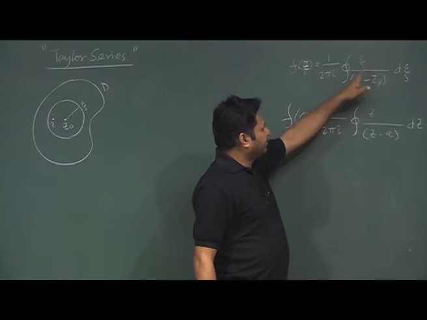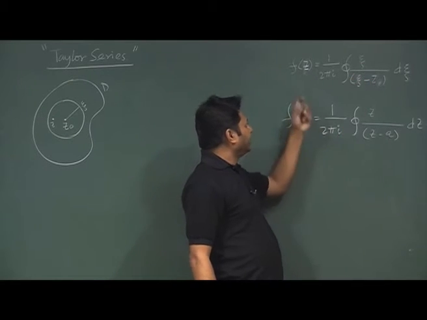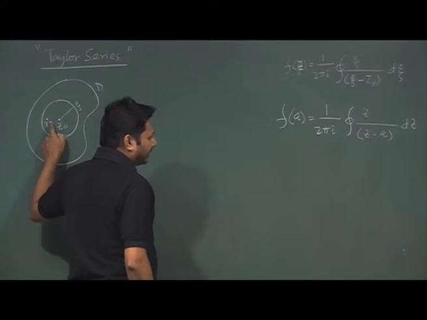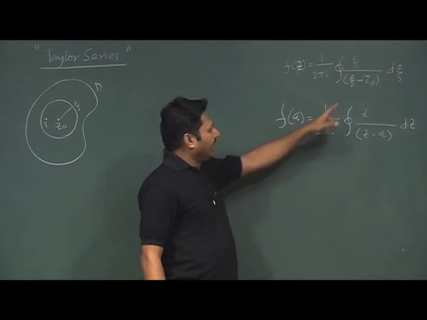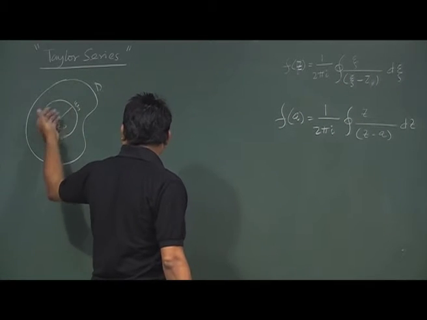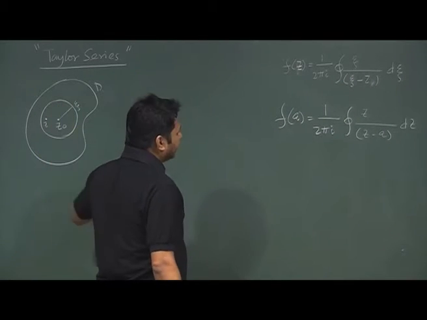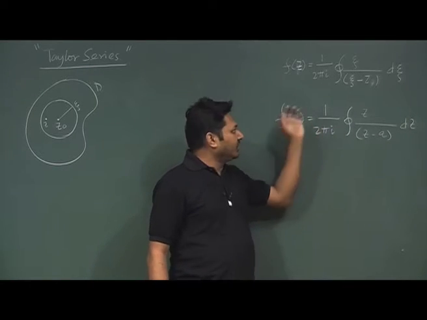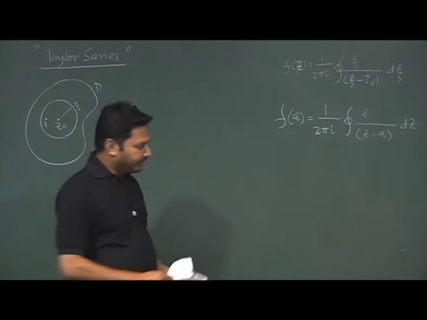This z I just changed to xi and this a I changed to z. So z is a point where I try to find out the value of the function, and xi is on the region, having a circle, say. The things will not change, the thing is the same.